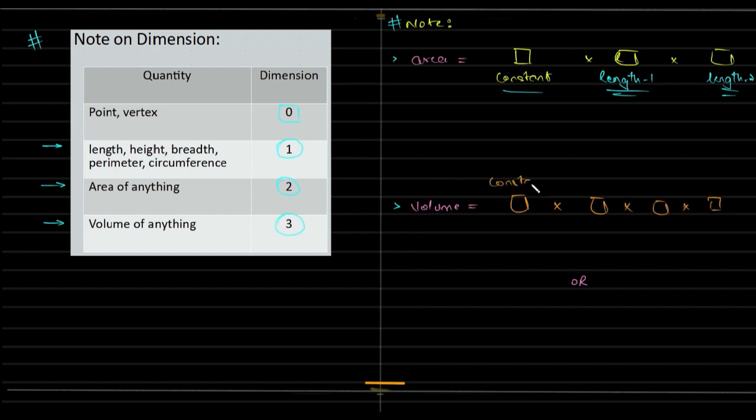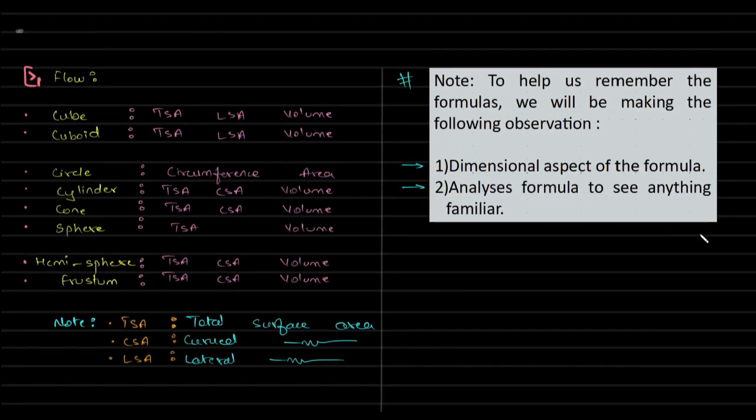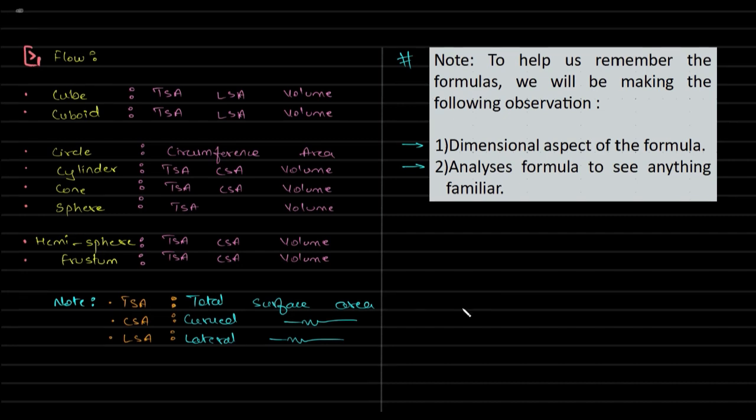A constant into length 1, length 2, into length 3. There are 3 lengths that are getting multiplied. Here there are 2 lengths that are getting multiplied. Or you can look at it this way, a constant into an area into the third length, length 3. Again, we'll understand this with logic and examples, and we will make use of this dimensional aspect and the other things listed to understand and remember the formulas better.